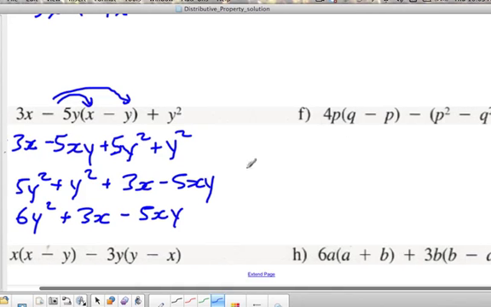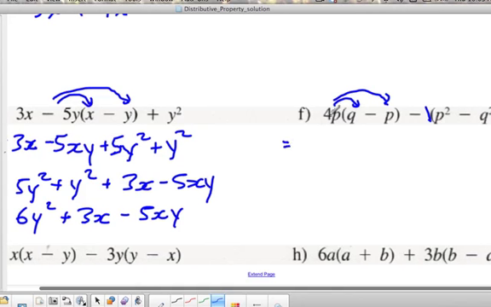The next question is we're going to multiply everything in the bracket by 4p for the first bracket and everything in the second bracket by the number that's understood to be in front here, which is negative 1. So we're going to multiply everything in the second bracket by negative 1.